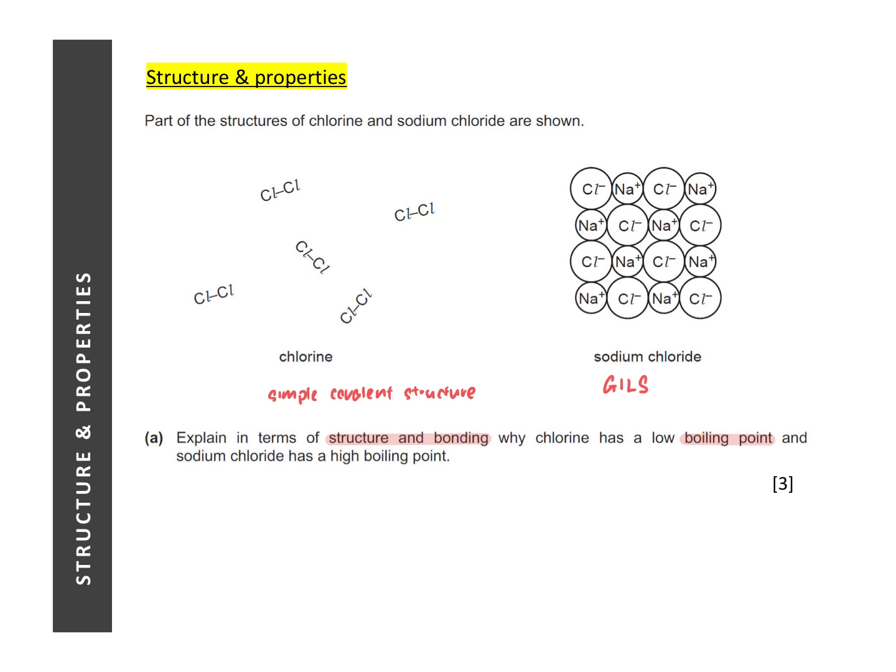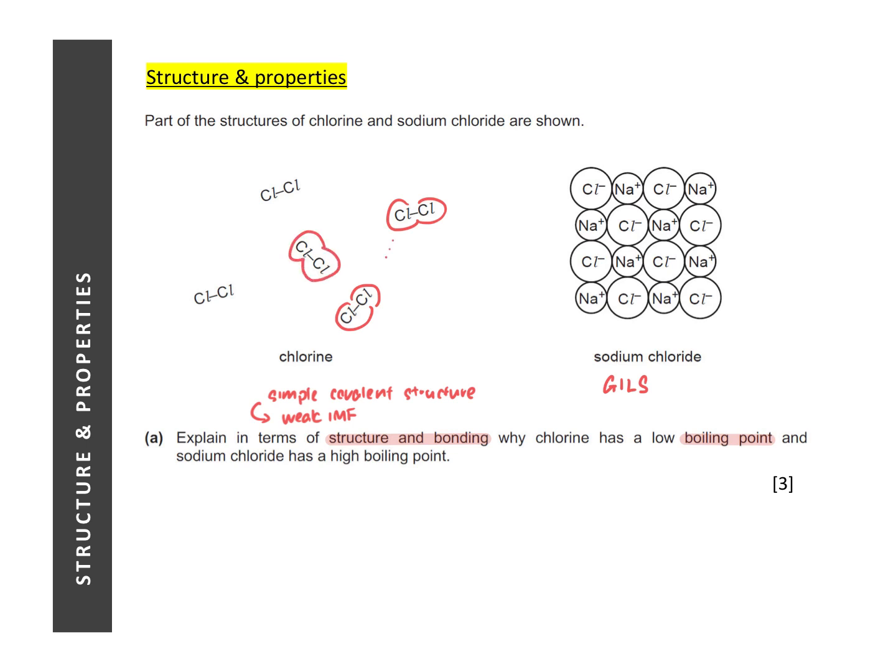Okay, and then we have learned that substances with simple covalent structures have weak intermolecular forces of attraction between the molecules. So for example, what you see here, each one of them represents a chlorine molecule.